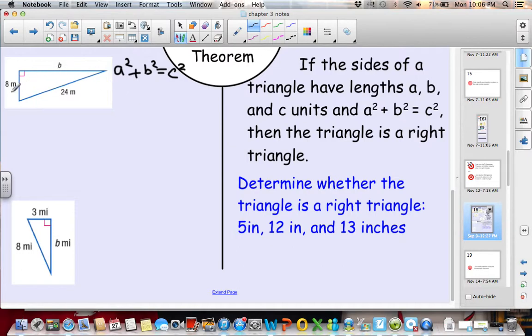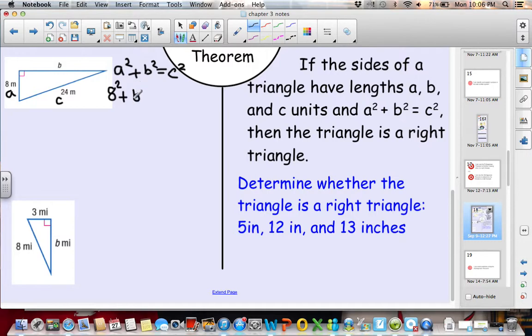Both of our legs are a and b. So a, b, c. Hypotenuse is always c. So we cannot go 8 squared plus 24 squared equals b squared. Our a, which we're given, is 8. So we plug in our variables. So 8 squared. We are not given b.